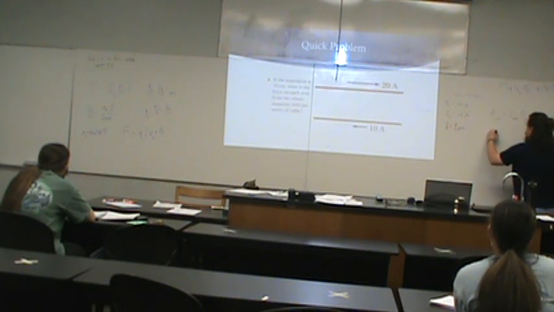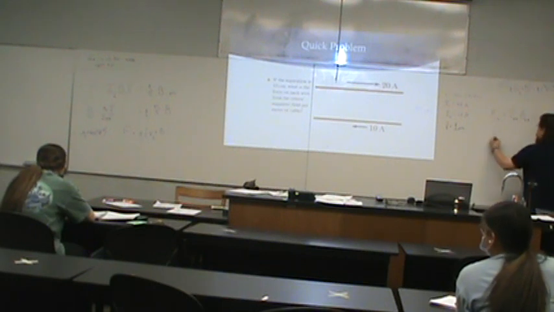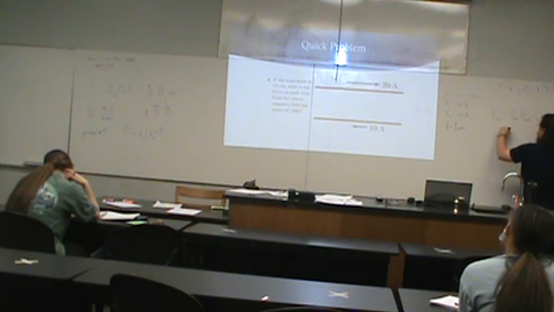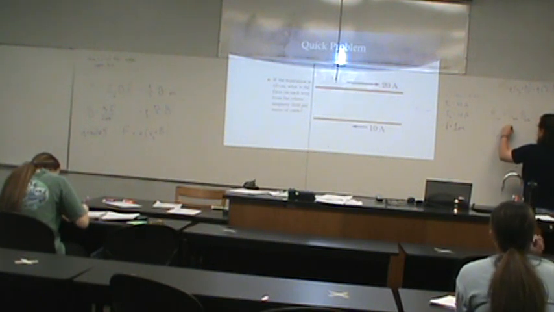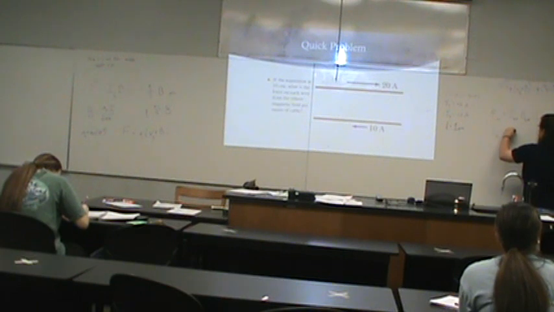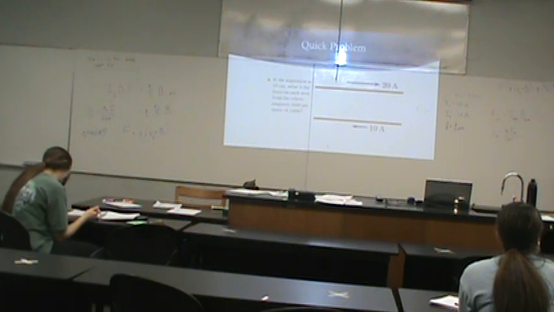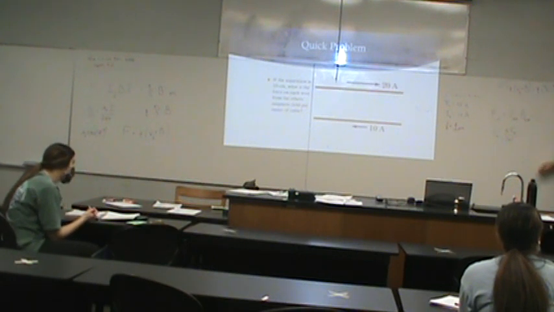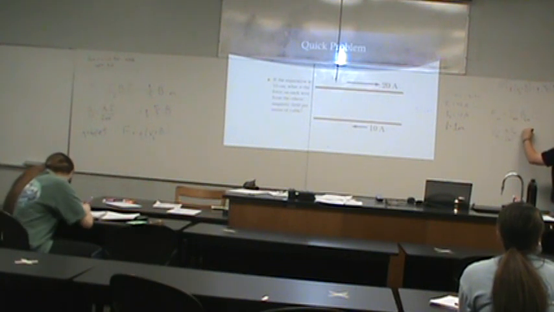So, the second formula: the magnetic field of the 10 amp wire is equal to mu naught, the permeability constant, times the current in the 10 amp wire divided by 2 pi r. So this is just variables from the 10 amp wire. Plug everything in to find this number.